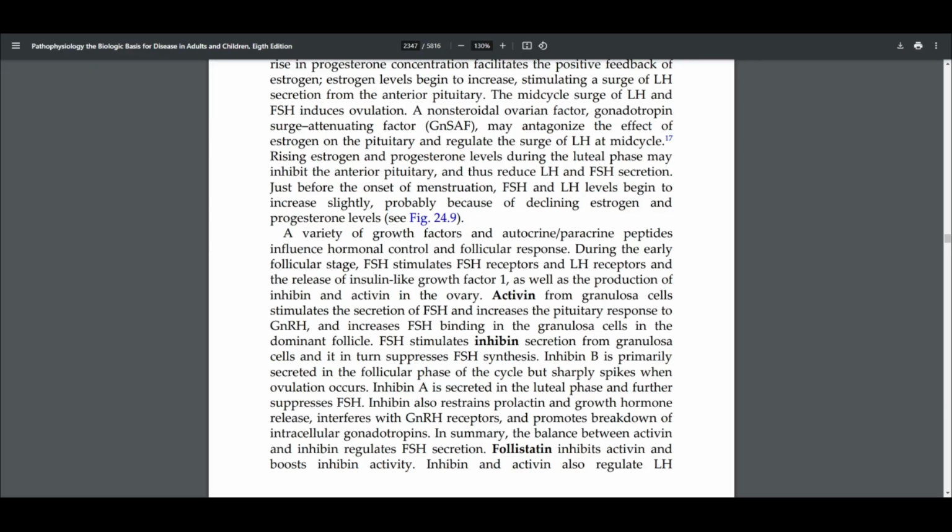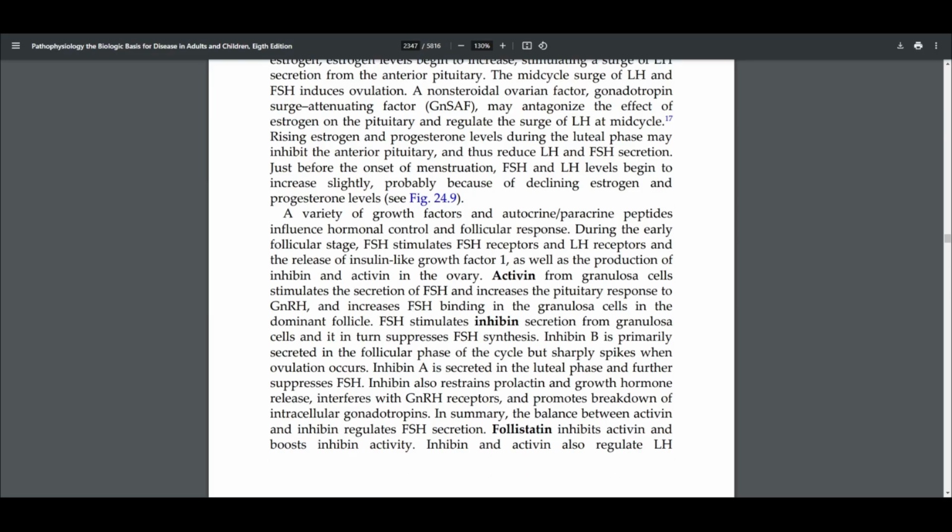Inhibin B is primarily secreted in the follicular phase of the cycle and has sharp spikes when ovulation occurs. Inhibin A is secreted in the luteal phase and further suppresses FSH. Inhibin also restrains prolactin and growth hormone release, interferes with GnRH receptors, and promotes breakdown of the intracellular gonadotropins.